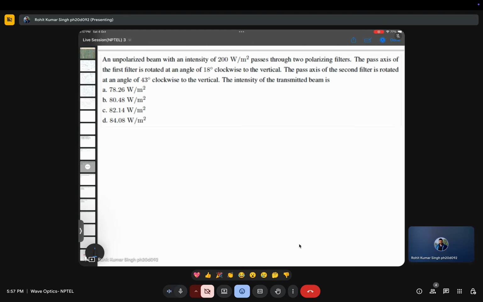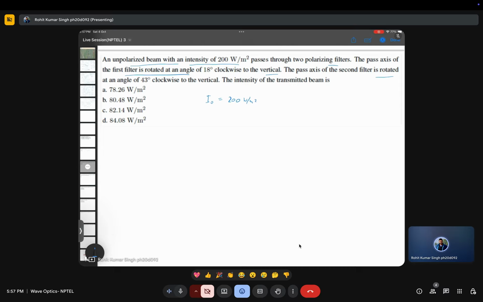Now here is one problem on Malus's law. So an unpolarized beam with an initial intensity given is passing through two polarizing filters. The pass axis of the first filter is rotated at an angle 18 degree to the vertical, and the pass axis of the second filter is rotated at an angle 43 degree to the vertical.